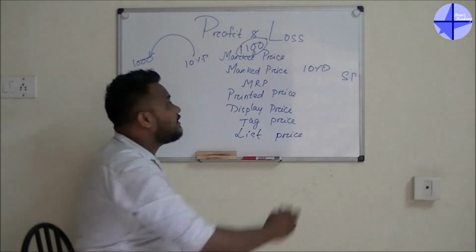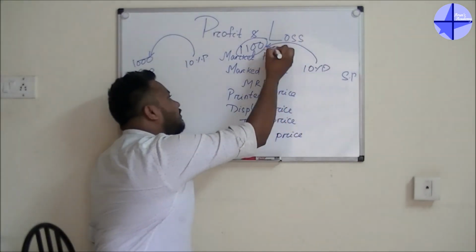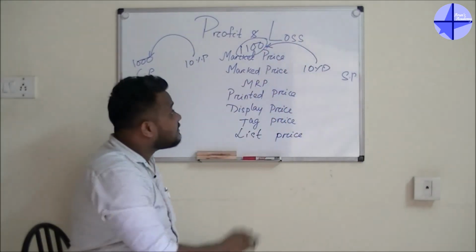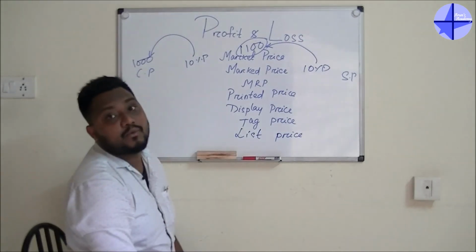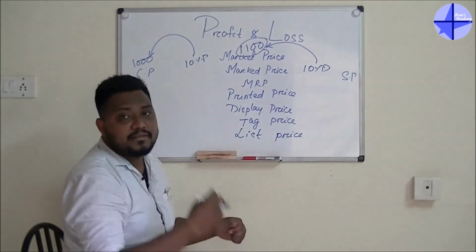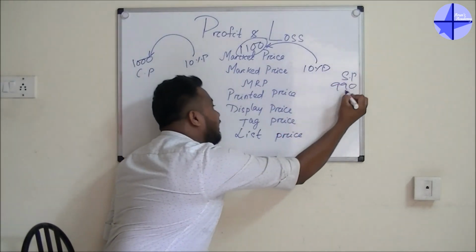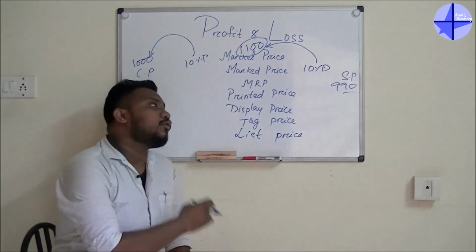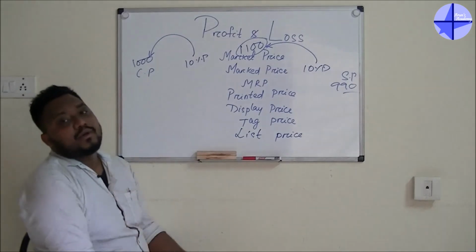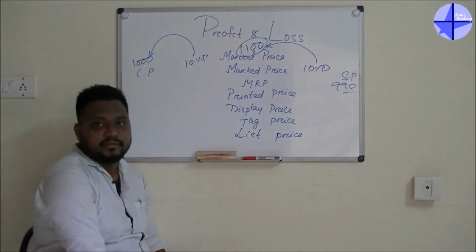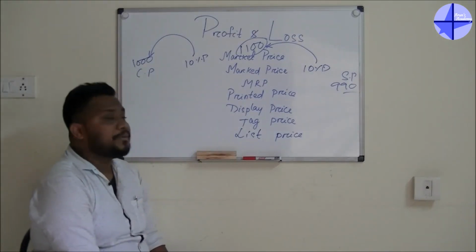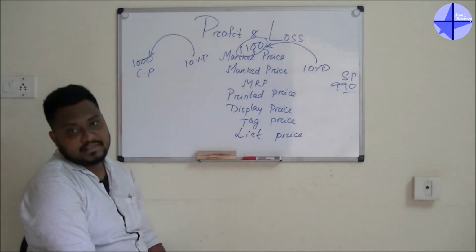Now this discount will be calculated on 1100. So 10% of 1100 will be 110. Discount means you have to minus the thing. So you will get 990 and this is the selling price, and whatever I told you, this is one simple transaction. Now I will tell you why I told you this thing.